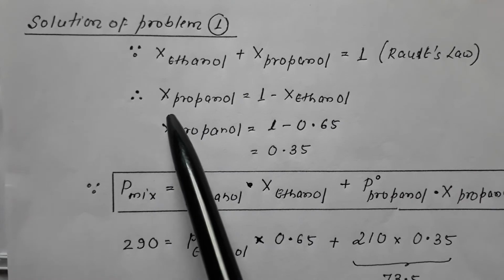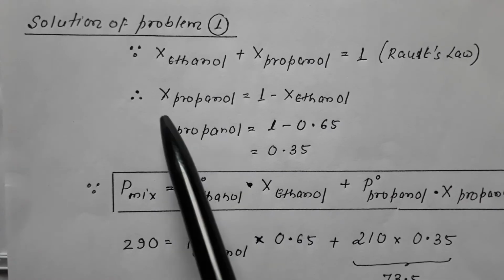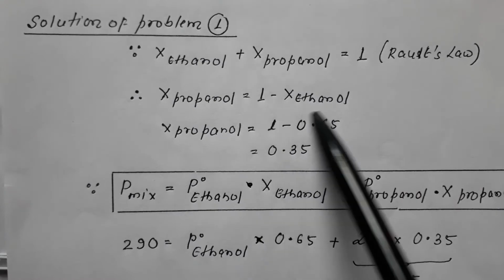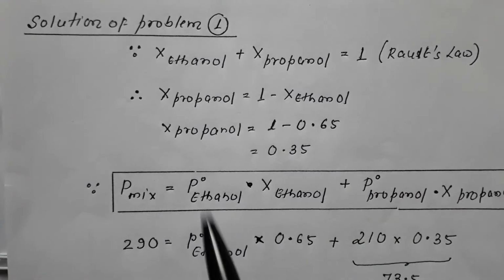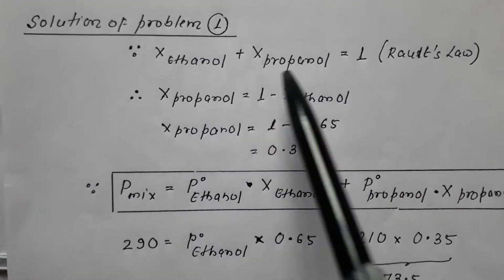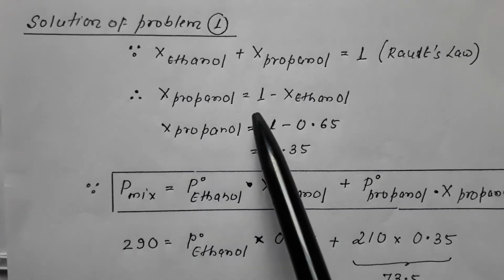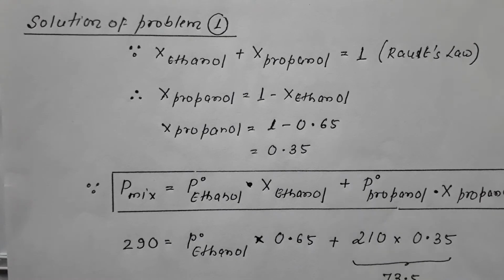Therefore, the mole fraction of propanol is 1 minus the mole fraction of ethanol.